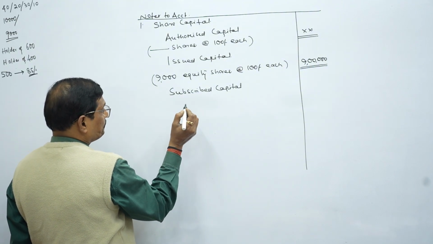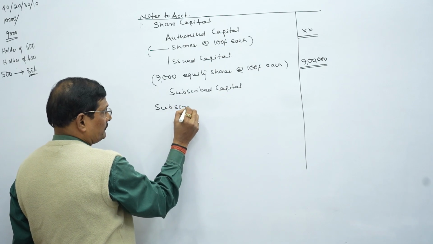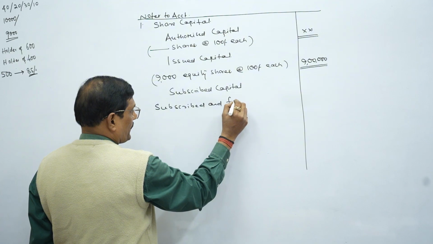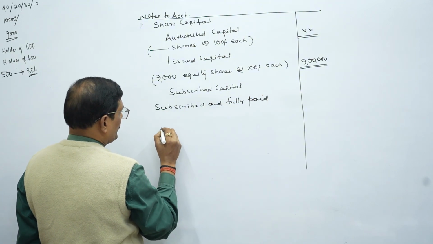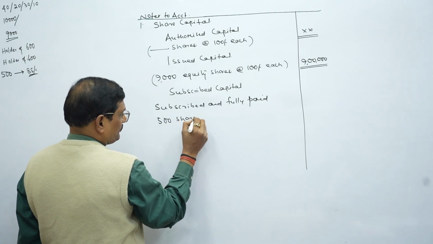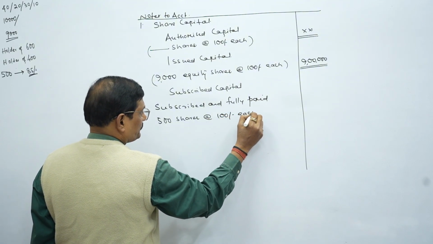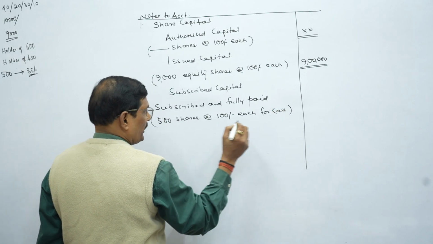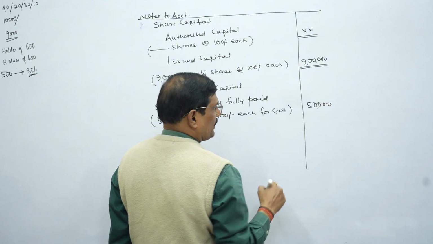So, subscribed and fully paid, 500 shares at the rate of 100 each for cash. It comes to 50,000.